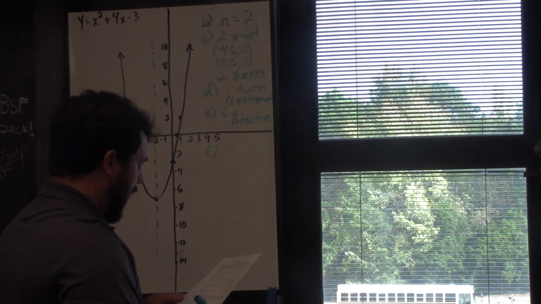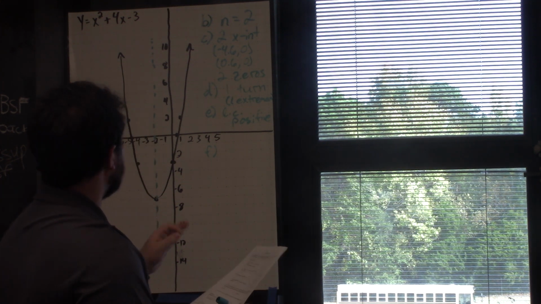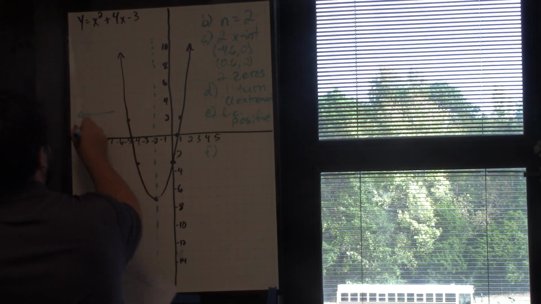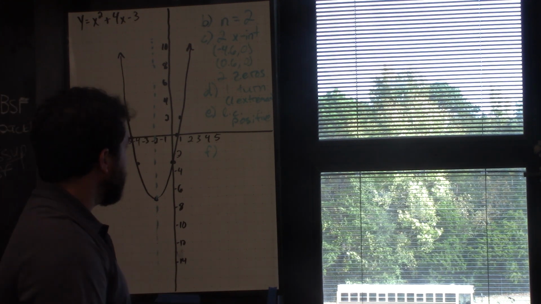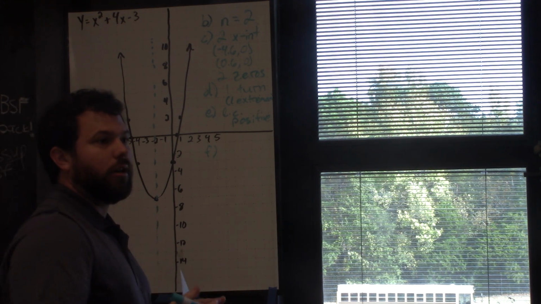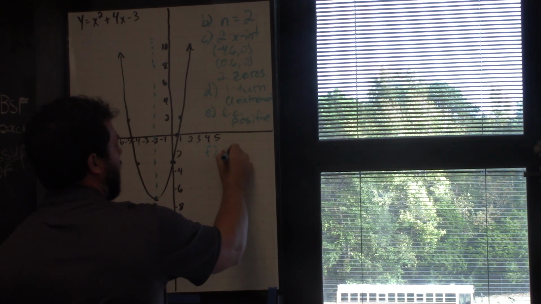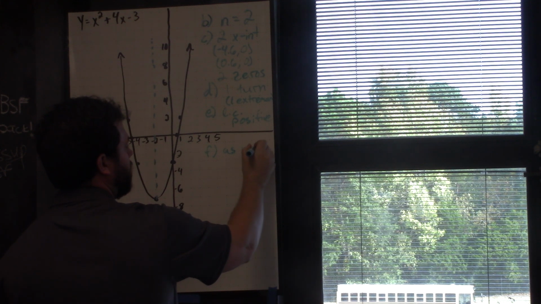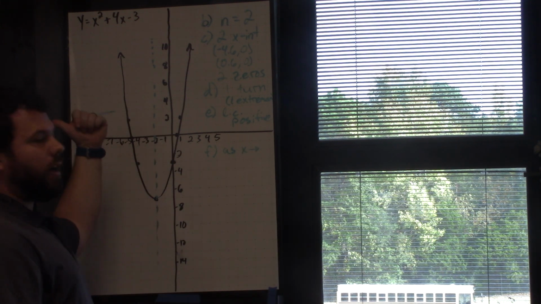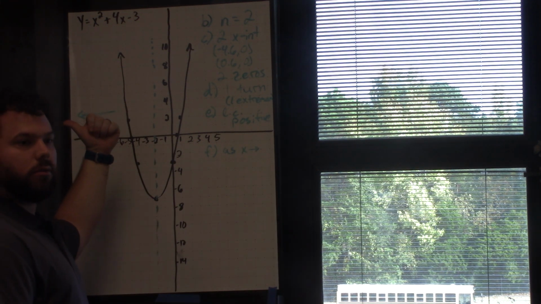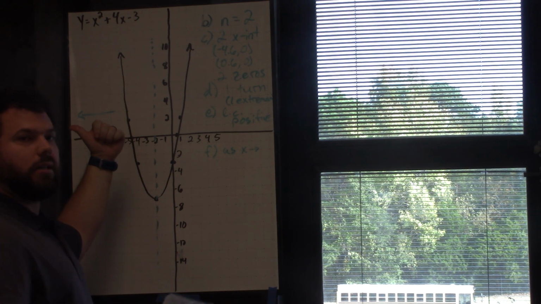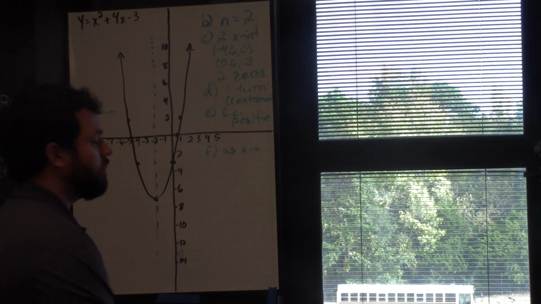F. As your graph goes farther and farther to the left, and I want to point this out, when we say as it goes to the left, the way we mathematically say this is as x approaches. So as we go to the left, what is x approaching? Negative infinity.